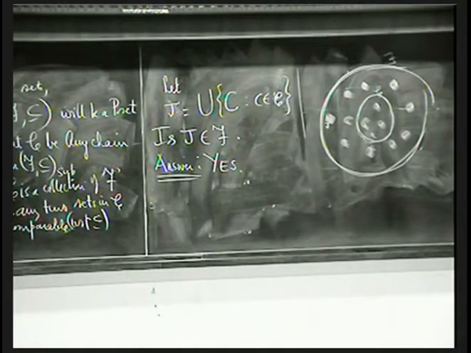Take N, with less than or equal to. Right? Take all finite initial segments. That is a chain. {1}, {1, 2}, {1, 2, 3}, {1, 2, 3, 4}, all finite initial segments. That's a chain.